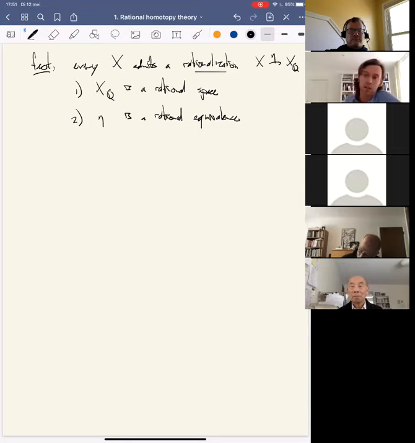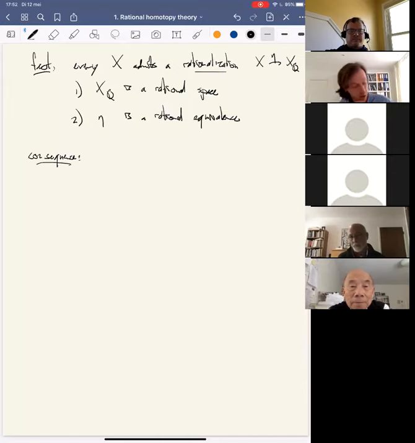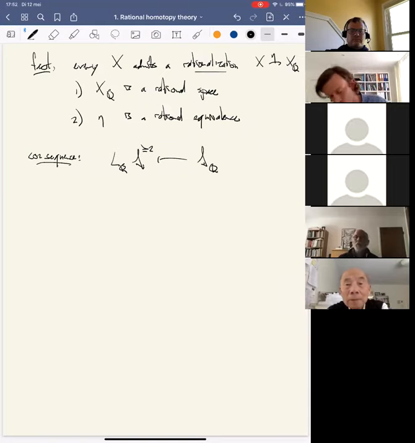Okay, so every space can be replaced up to rational equivalence by such a rational space, and a consequence of that fact is that you can alternatively describe this rational homotopy category, or this rational homotopy theory, in the following way. I can look at the inclusion of these rational spaces, or inclusion followed by localization.